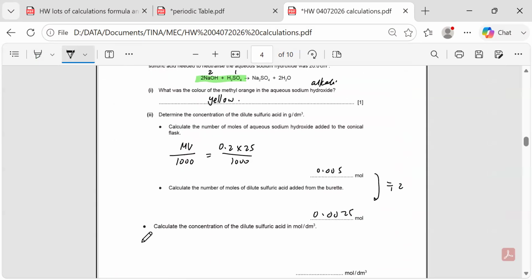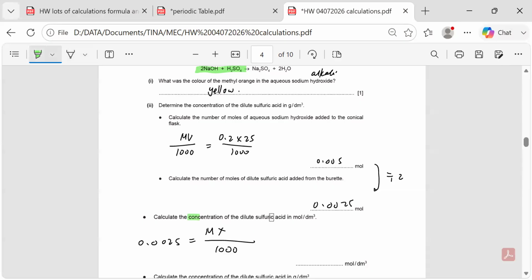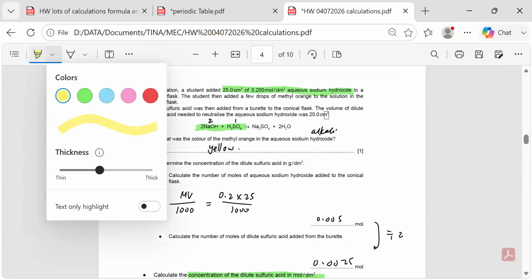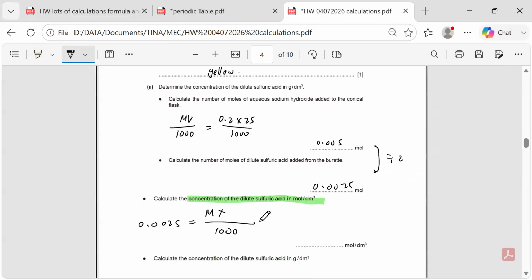So now, amount of moles equals MV over 1,000. M is what you're looking for, because you're looking for the concentration in mole per decimeter cube. Is V given? Yes, V is given here. You must read the question carefully. V is 20. It's given there. 0.1.